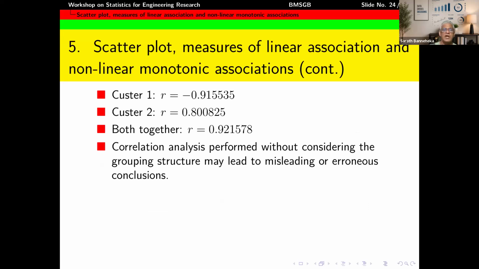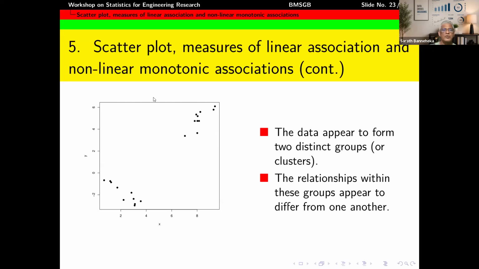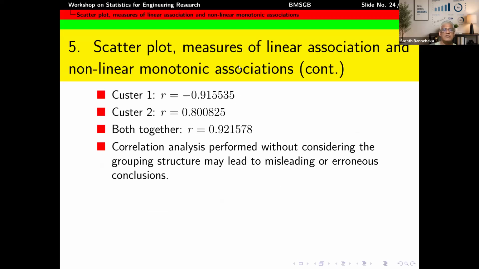Right? But on the other hand, if you had the graph, you would definitely see these two clusters, and then you will definitely look at the correlations within each cluster, right? You will not even try to calculate the correlation by putting all these things together, right? So here, clearly in the first cluster, there is a strong negative linear relationship.